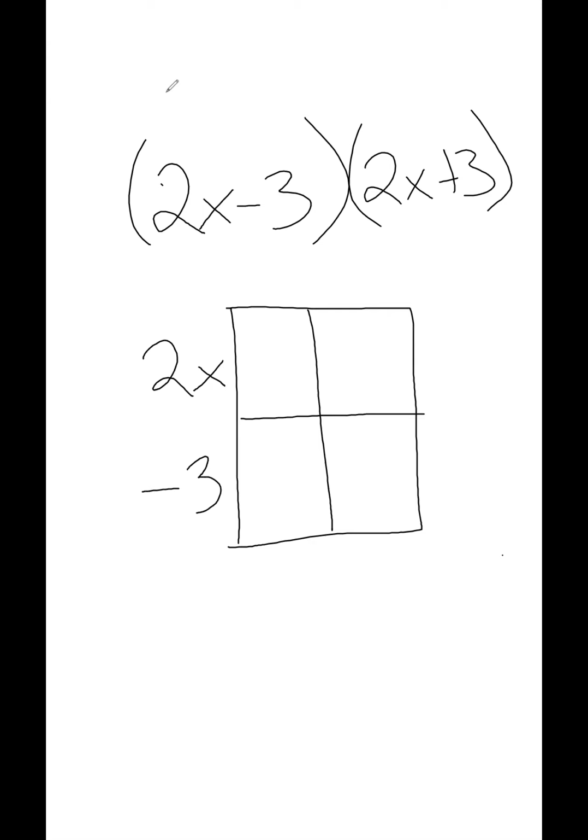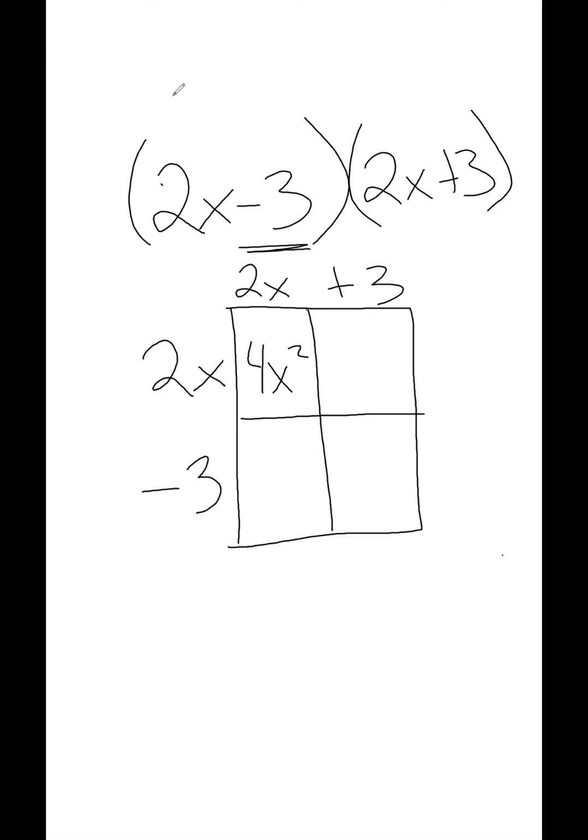Now notice that negative has to go with the 3. This -3, they have to stick together. And we do just like we did before, we're multiplying on the outside. 2 times 2 is 4. X times x is x squared. You have those 2 x's, and you're multiplying.